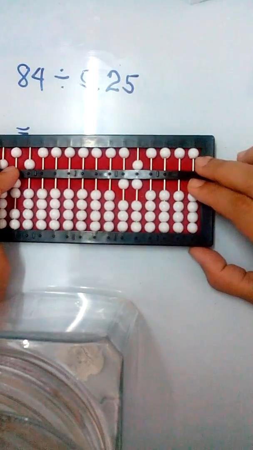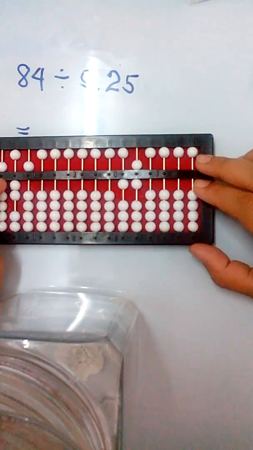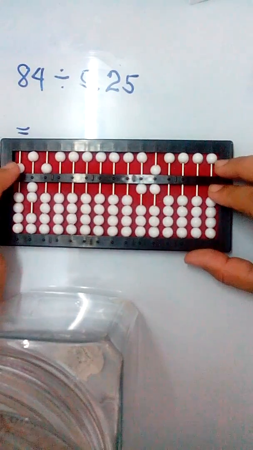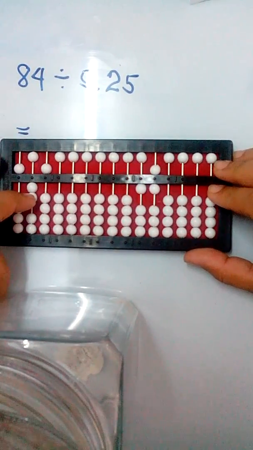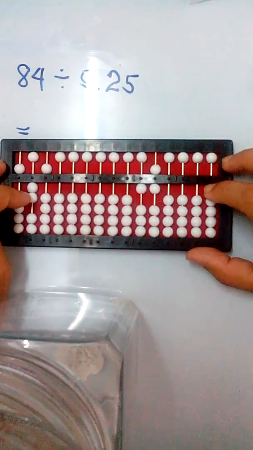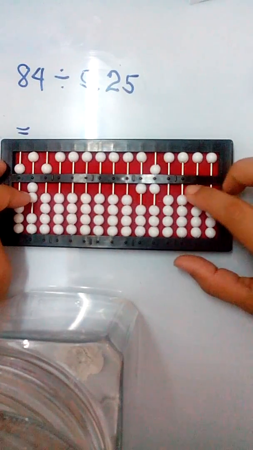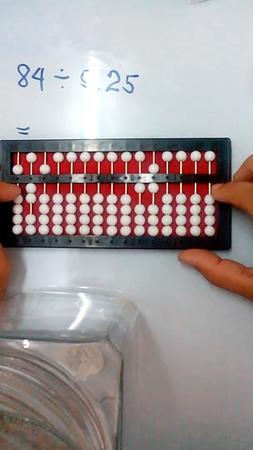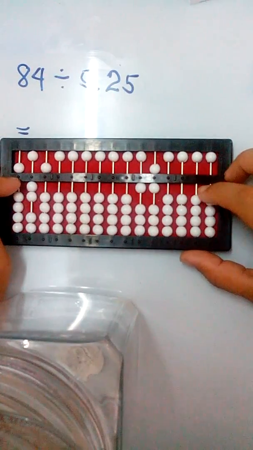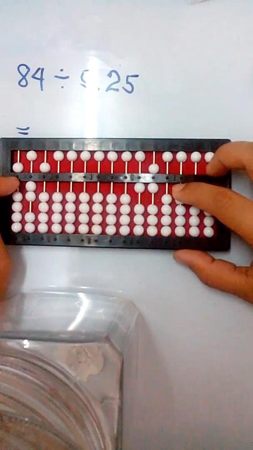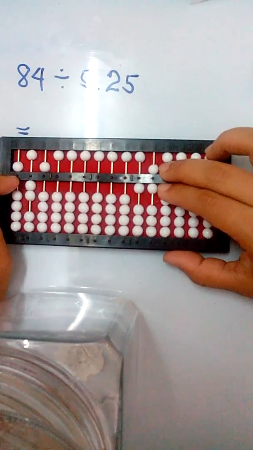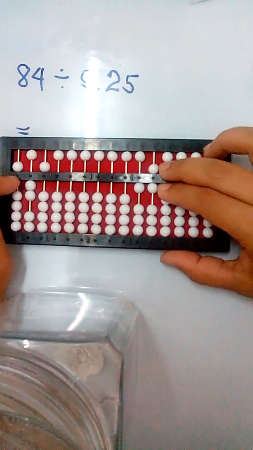So it's finished. No more dividend is left. So we can now read our answer. Since we have a 3-digit divisor, the first to third rods from the right are for the remainder, 1, 2, 3, and then the fourth rod is for the remainder sign.